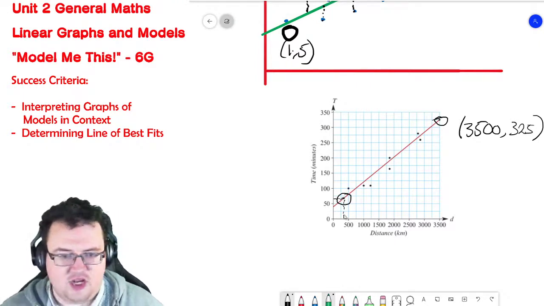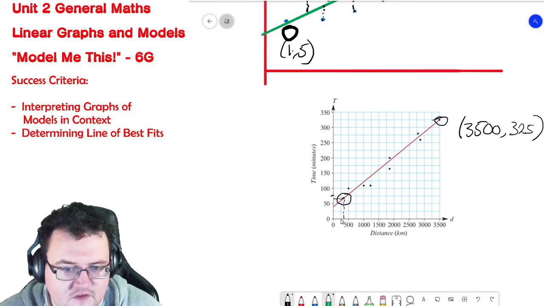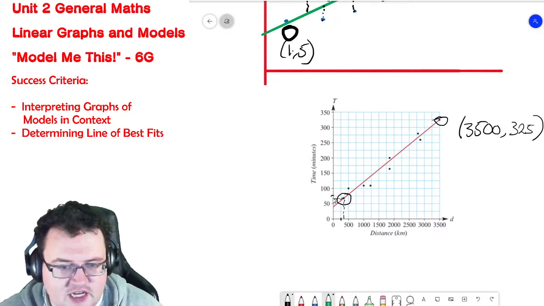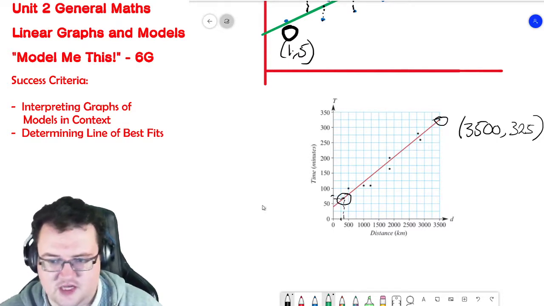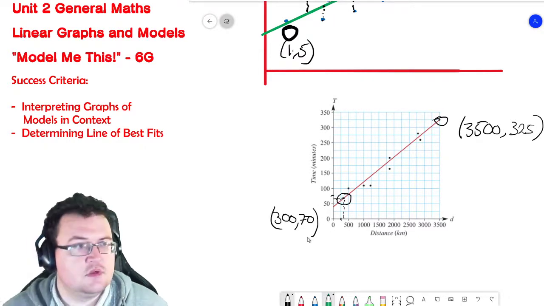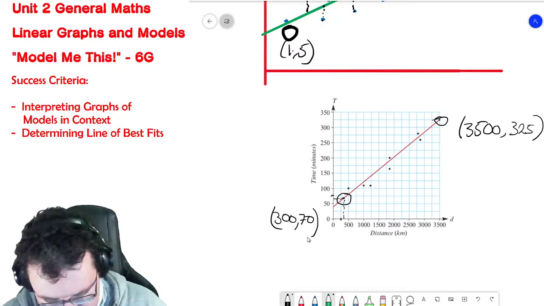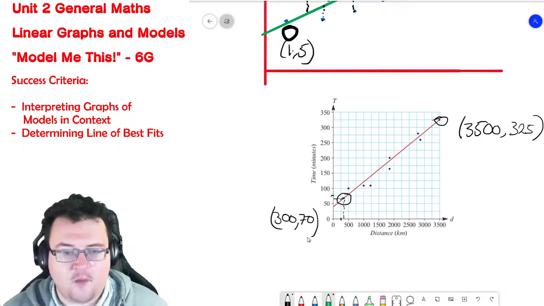Because I reckon that's a pretty good guess, because 75 is here, 250 is here, so it's a little under 75 and a little higher than 250. So 370, I think, is a perfect place to start. So 370, a good place to start.